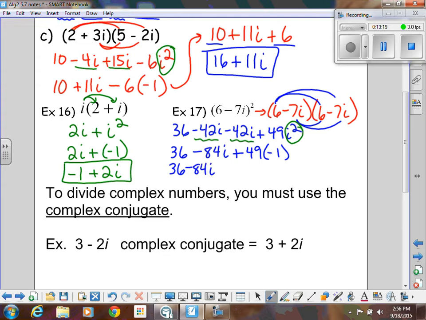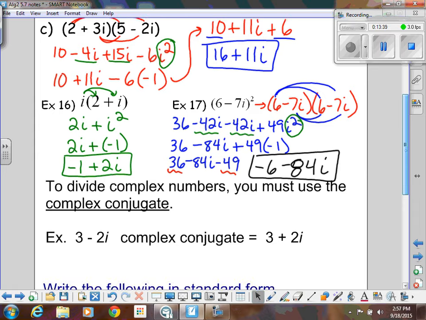Positive 49 times negative 1 is negative 49. So now I can combine these constants together, and that will give me a final answer of negative 13 minus 84i. So that is written in a plus bi form.